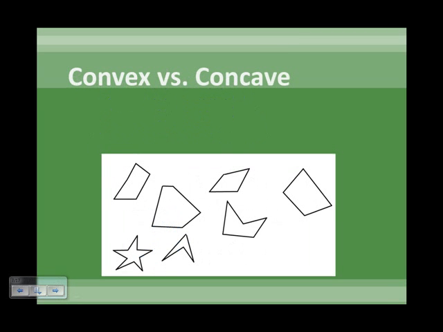Okay, now we also have this concept of convex or concave polygons. So for a convex polygon, that means that all diagonals would be inside the polygon, or on the interior of the polygon.